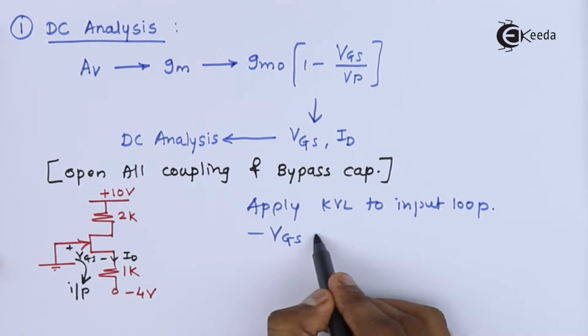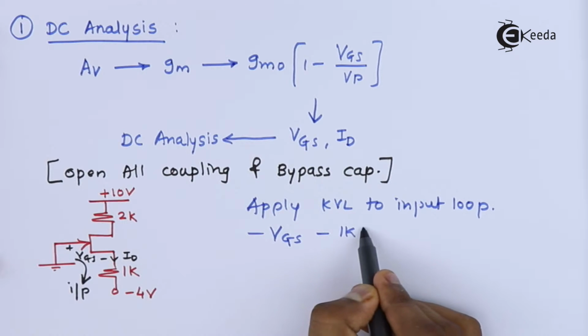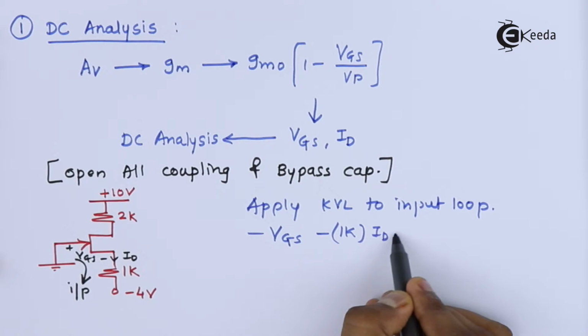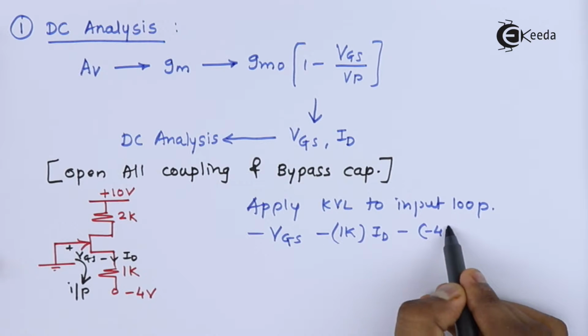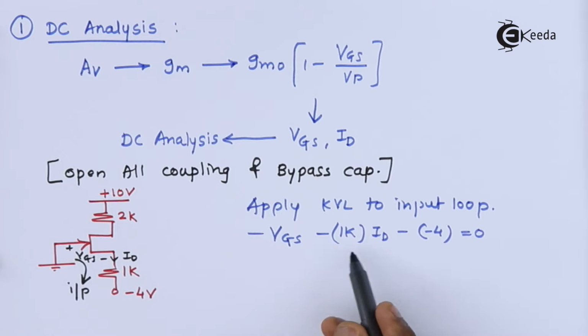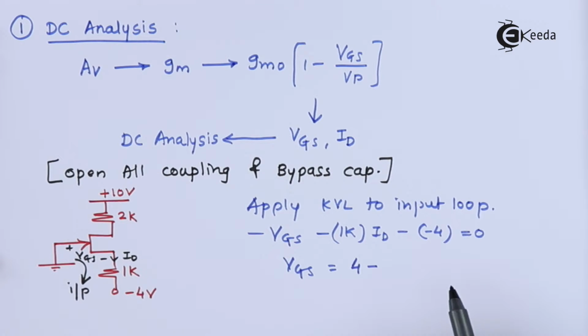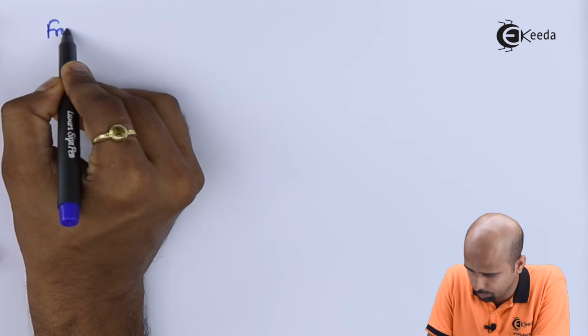So, minus VGS minus 1K into ID minus of minus 4 volts is equal to 0. So we'll be getting the value of VGS is equal to 4 minus 1K into ID. Equation number 1.